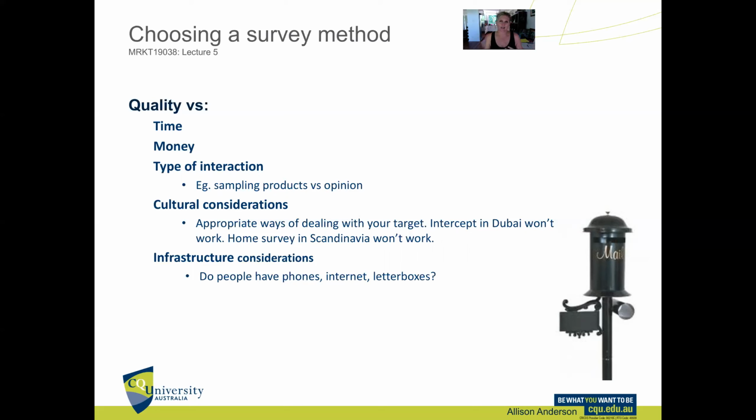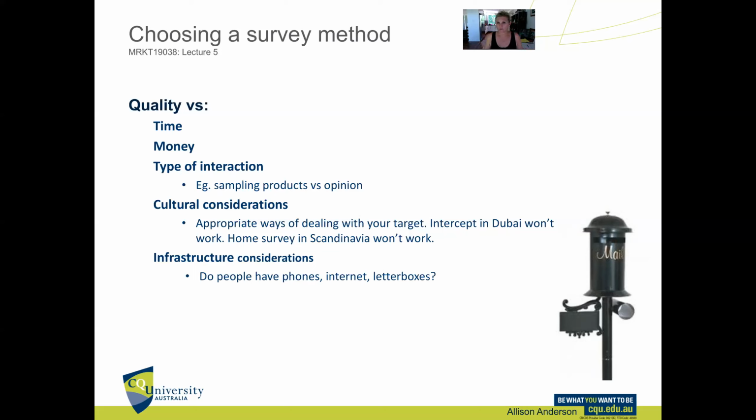So you have to think about the people that you're talking to and who they may or may not want to talk to. A home survey in Scandinavia won't work because, not everyone, but generally there's a cultural thing that people in Scandinavia don't like having strangers in their home.